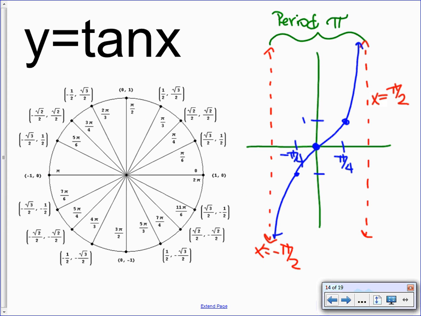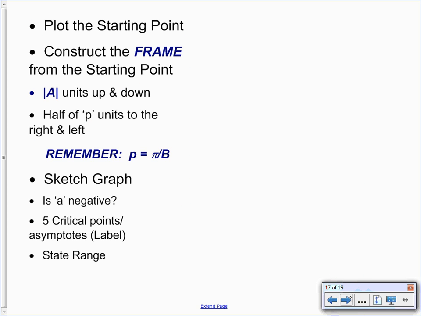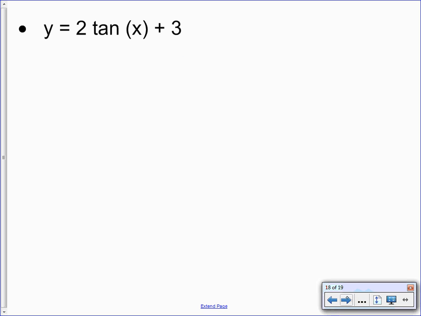What's the range of our parent graph? All real numbers. What's the range of any tangent graph going to be? All real numbers, okay? Okay. So let's practice graphing a tangent graph.